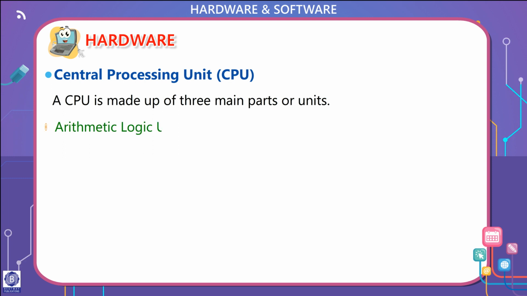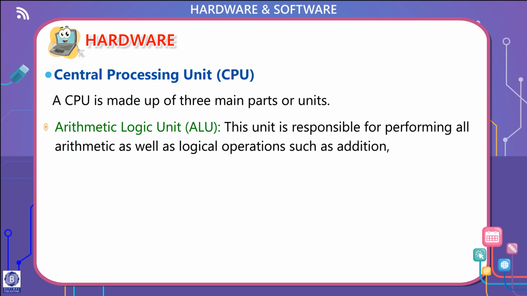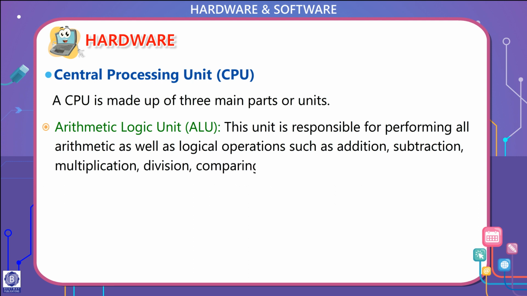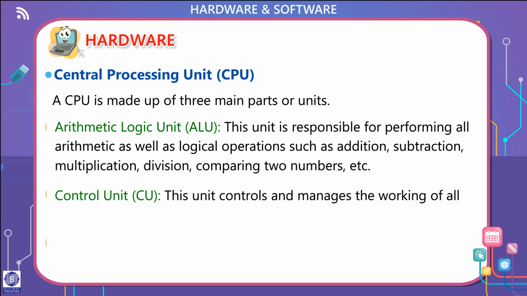Arithmetic Logic Unit, ALU. This unit is responsible for performing all arithmetic as well as logical operations such as addition, subtraction, multiplication, division, comparing 2 numbers, etc. Control Unit, CU. This unit controls and manages the working of all the parts of the computer.